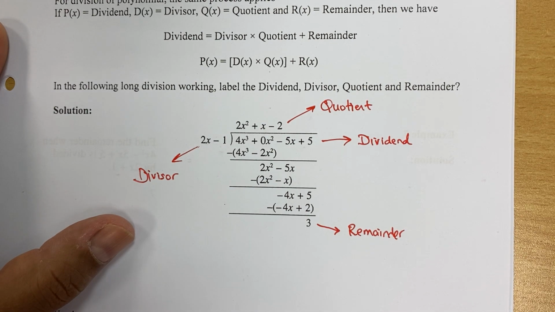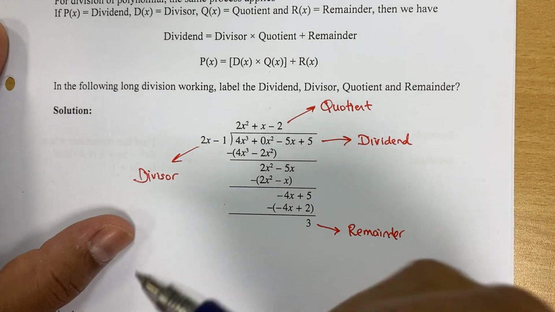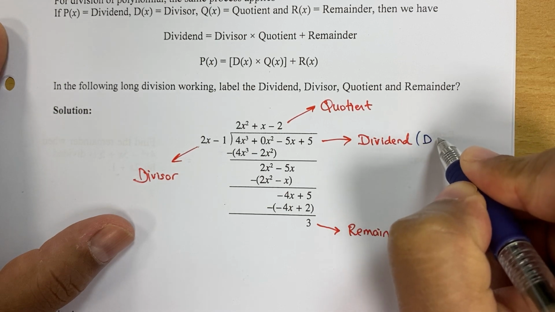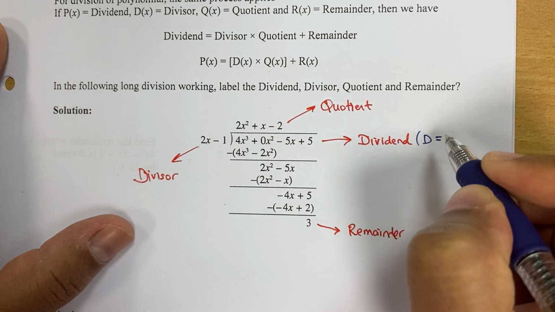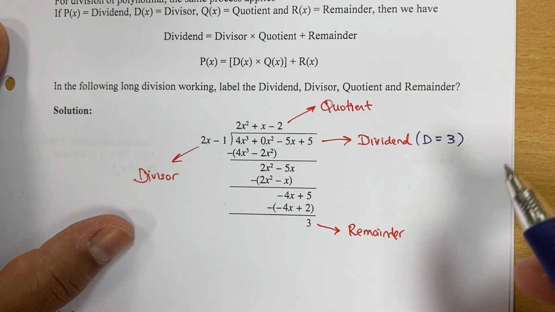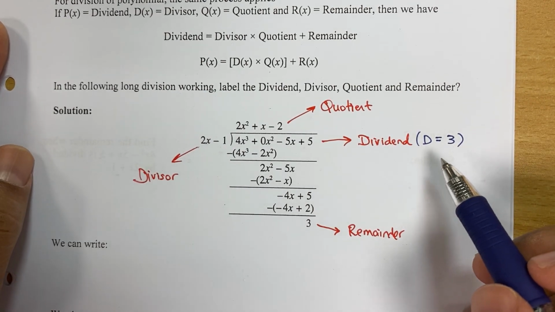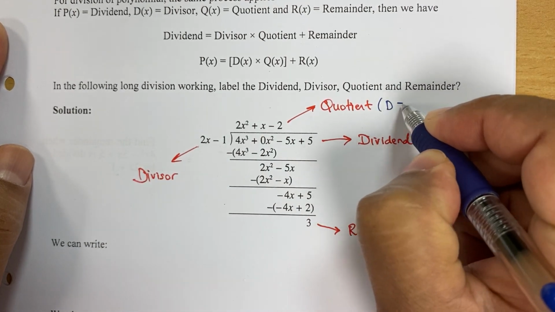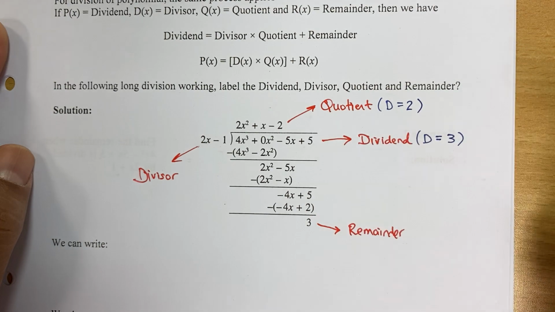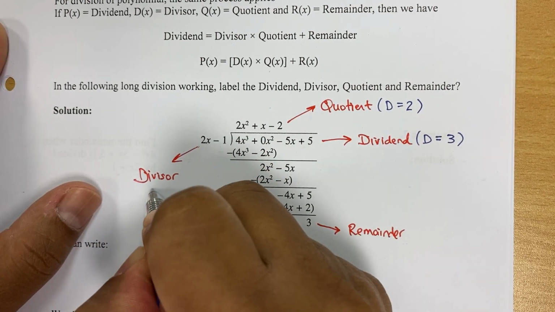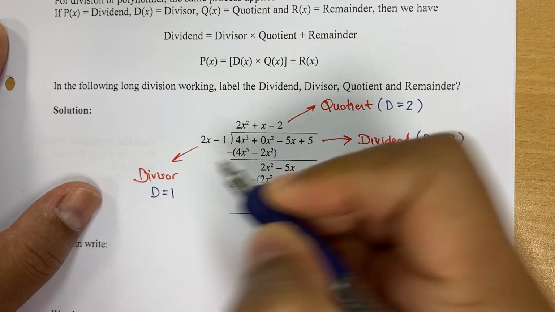Now let's look at the degrees. I'm going to use a blue pen and put D for degree. What is the degree of the dividend? This is degree number 3. Degree refers to the highest power. The quotient has degree 2. The divisor, since this is linear, has degree 1.